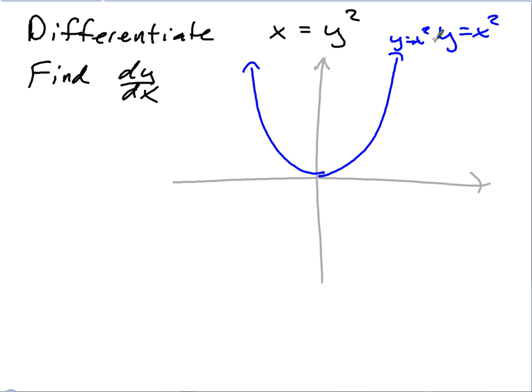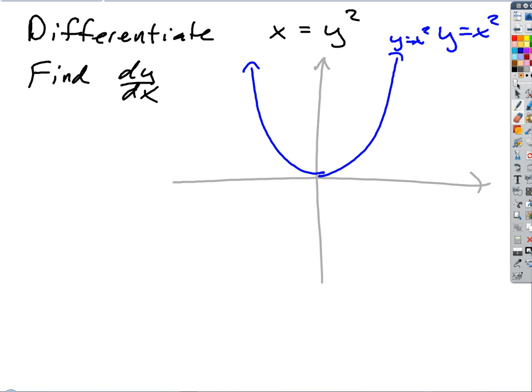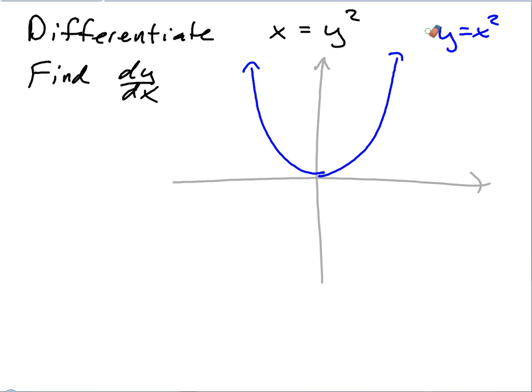Now, how are these two relations related? x equals y squared and y equals x squared. They have a specific relationship. All I've done is interchange the x's and the y's. Does that sound familiar?